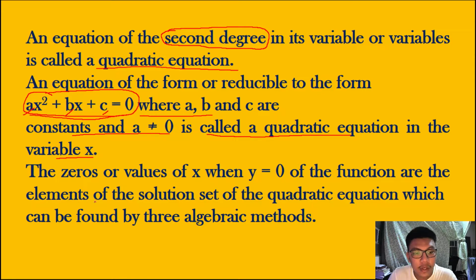Then, the zeros or values of x when y is equal to 0 of the function are the elements of the solution set of the quadratic equation, which can be found by 3 algebraic methods. Ang karaniwan kasi, y is equal to f of x, yung ating equation ay function of x. If we're going to set that y into 0, yung ating equation, lalagay na natin ax squared plus bx plus c.